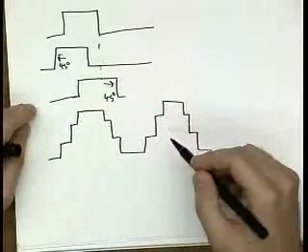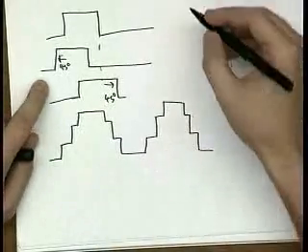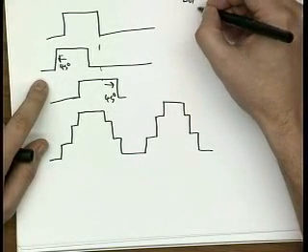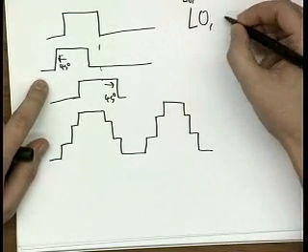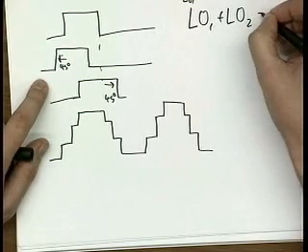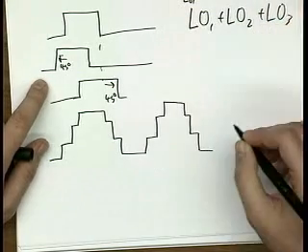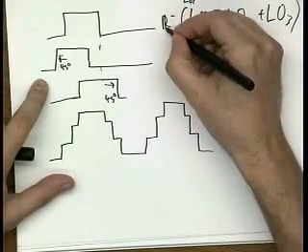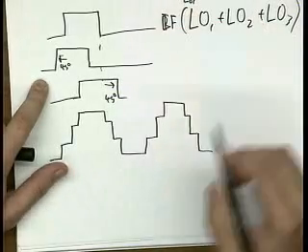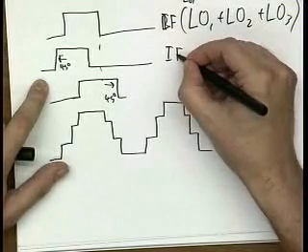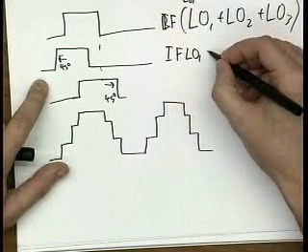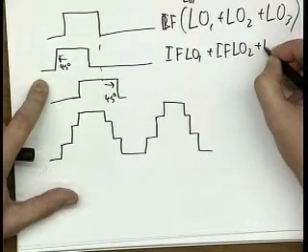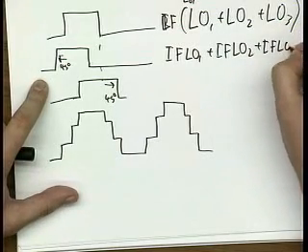We're some funky thing. However, what I can do instead is I can say, I've called this LO1, LO1 plus LO2 plus LO3, and then multiplying that all by RF, or IF in this case. Instead, what I could say is multiply them first, LO1 times IF, LO2 times IF, LO3 times IF.